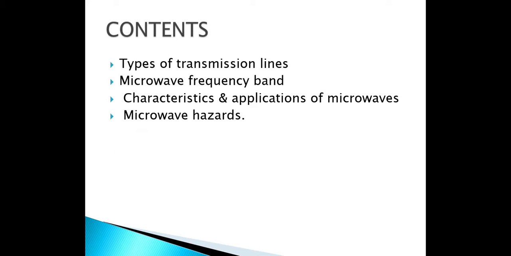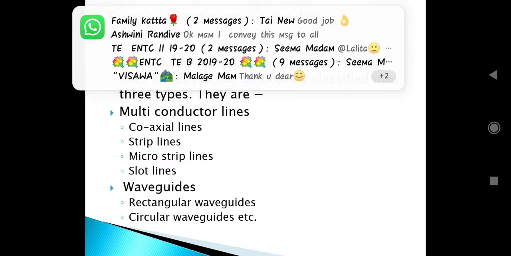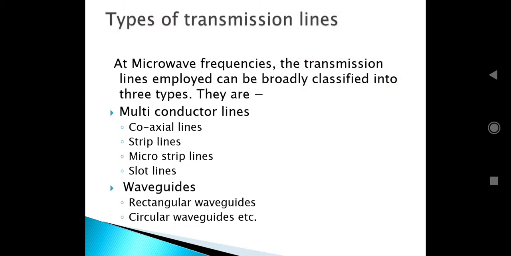So the very first thing is that all of you must know what is meant by a transmission line. Everybody knows that our day-to-day life is based on various communication media or systems.